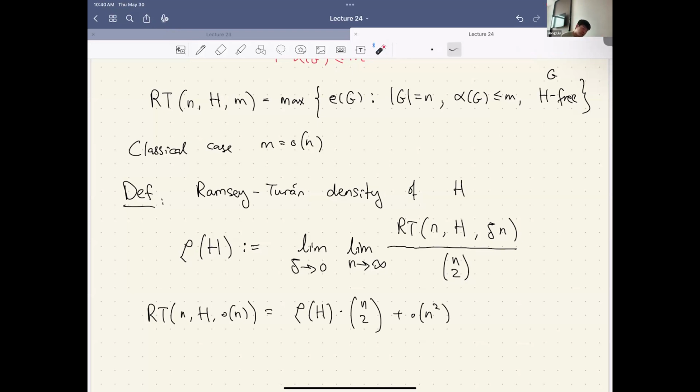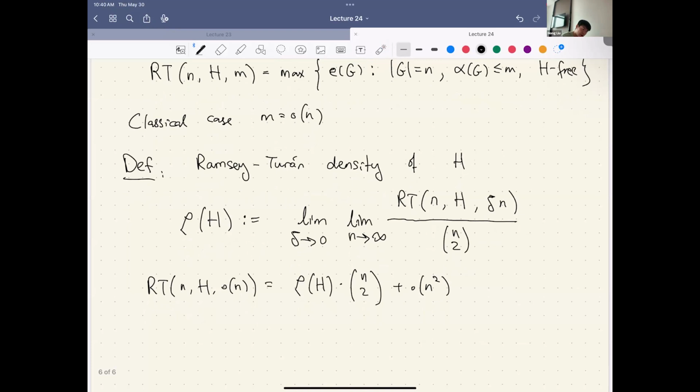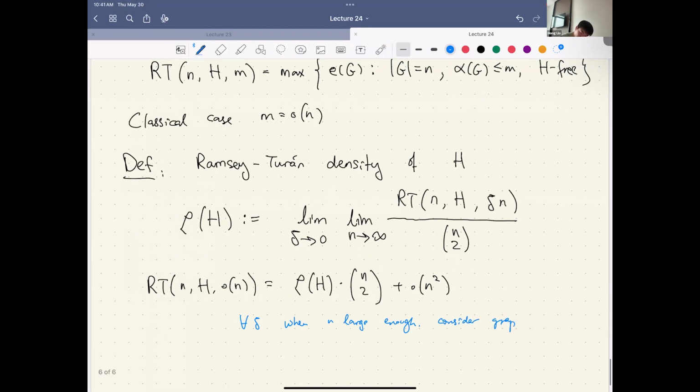In other words, this is saying, informally, for any delta, when n is large enough, we only consider graphs with alpha(G) less than delta n.